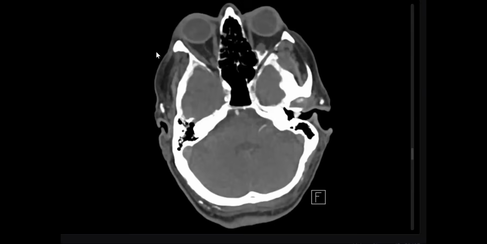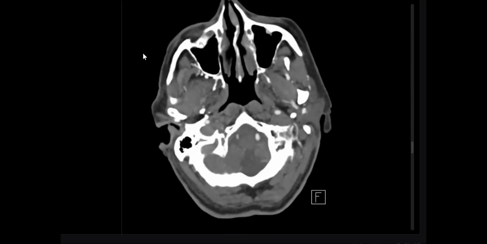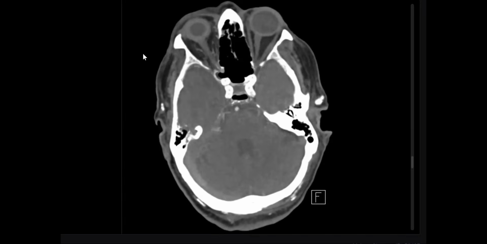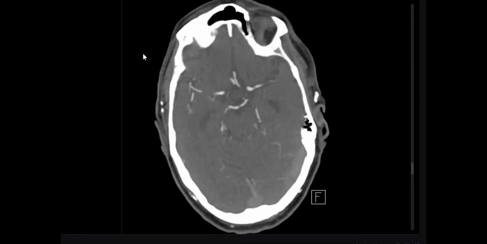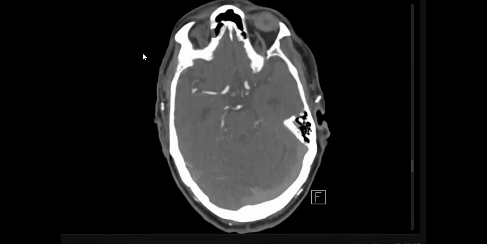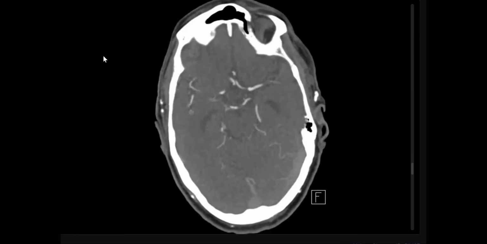Okay. Now, let's start from down up. I've been provided with CT angiogram images of the brain. The M2 segment of the left middle cerebral artery shows filling defect, M2 and M3 segments.